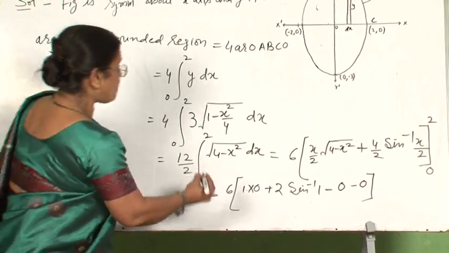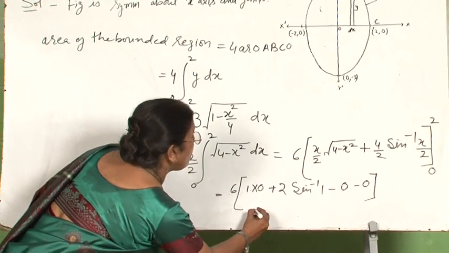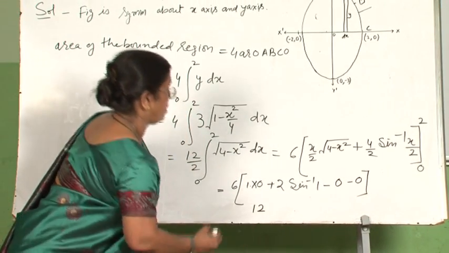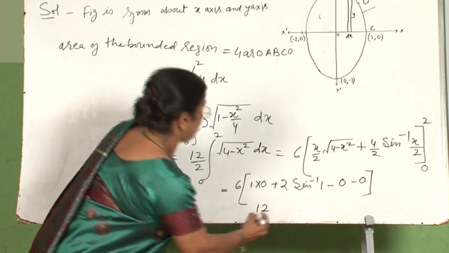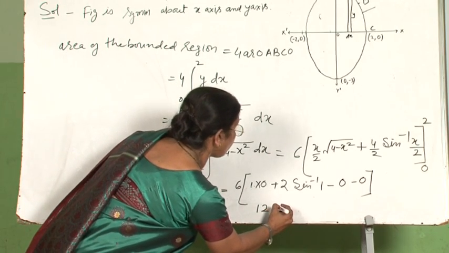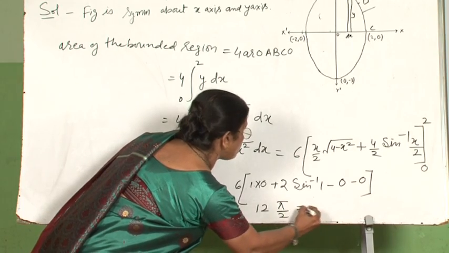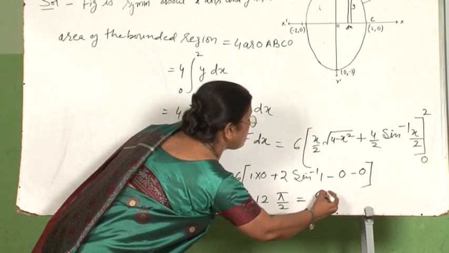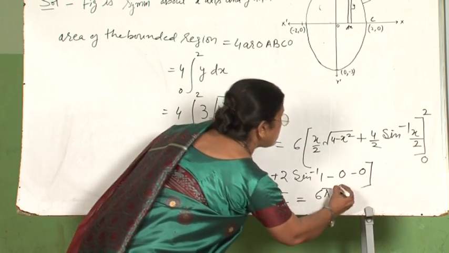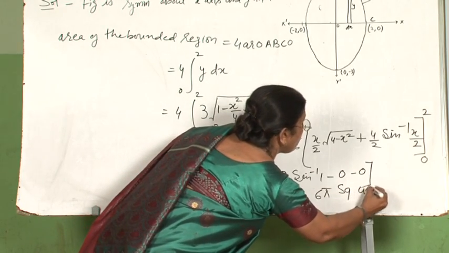So, this becomes 12 sine inverse 1 is pi by 2. So, the answer is, or area of the region is 6 pi square units.